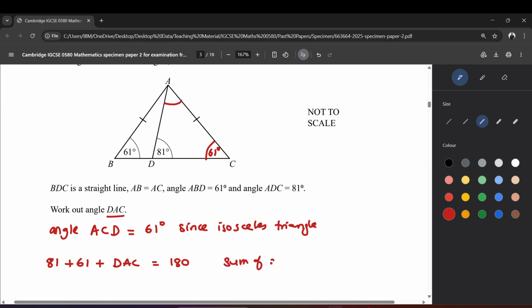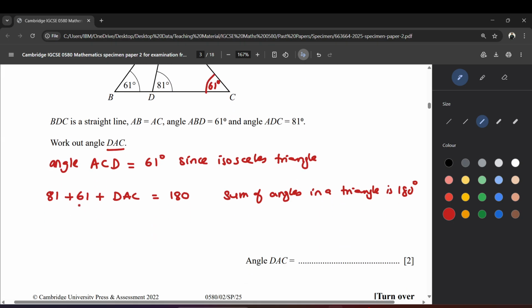Because the sum of angles in a triangle is 180 degrees. Now 1 plus 1, that is 2, and 8 plus 6 will be 14. So 142 plus DAC is equal to 180. So angle DAC is equal to 180 minus 142. So that will be 10 minus 2, that is 8, and 7 minus 4, that will be 3. So we have 38 degrees.